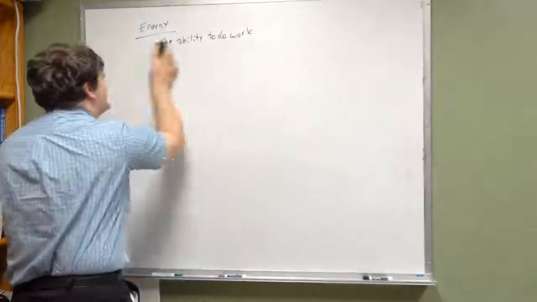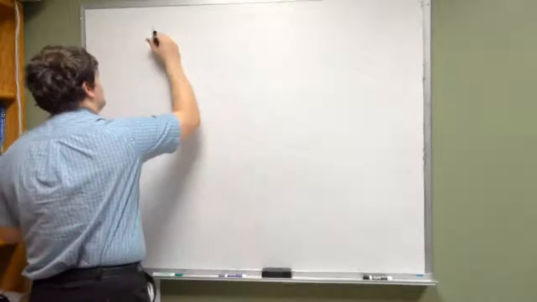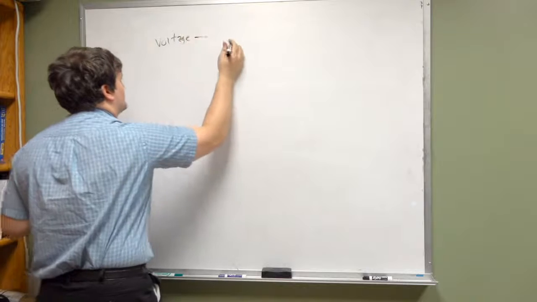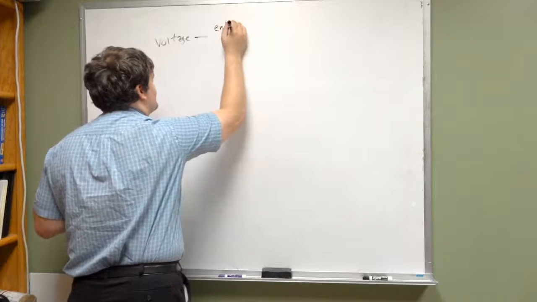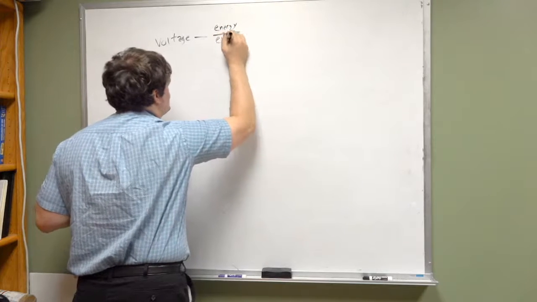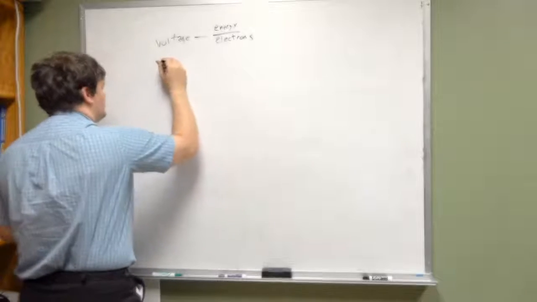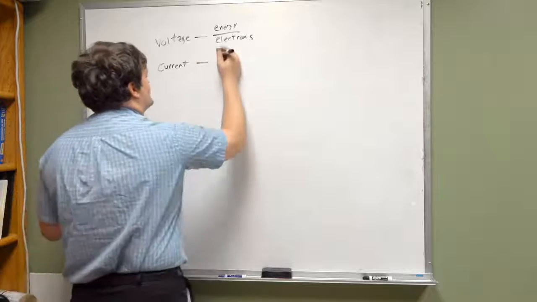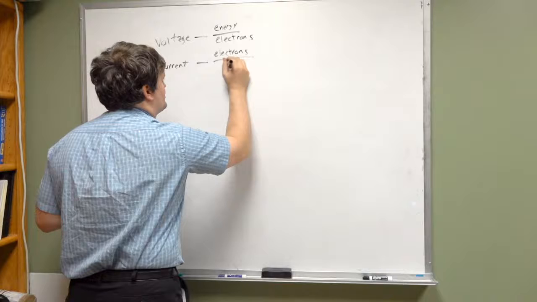Okay, so in recap, voltage is the amount of energy per the electrons. Current is the amount of electrons traveling per unit of time.